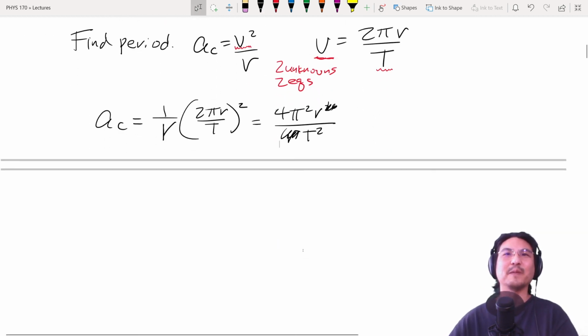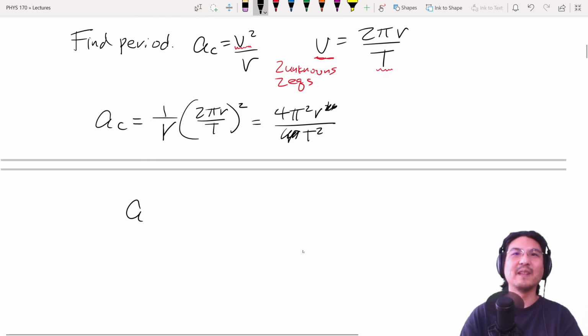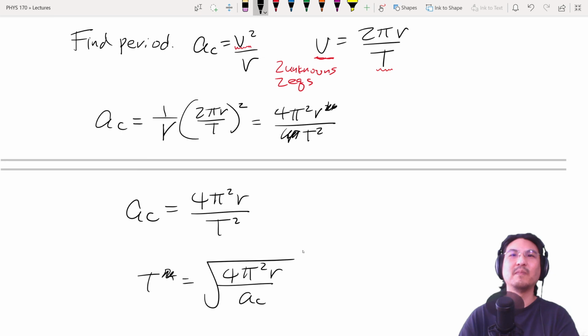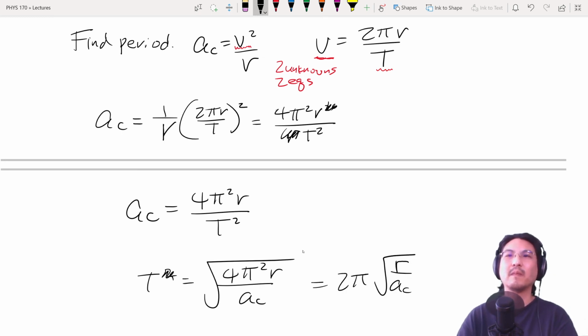Okay, so then let me just rewrite it. Now let's solve for t. So just put this on that side. And then square root. There you go.